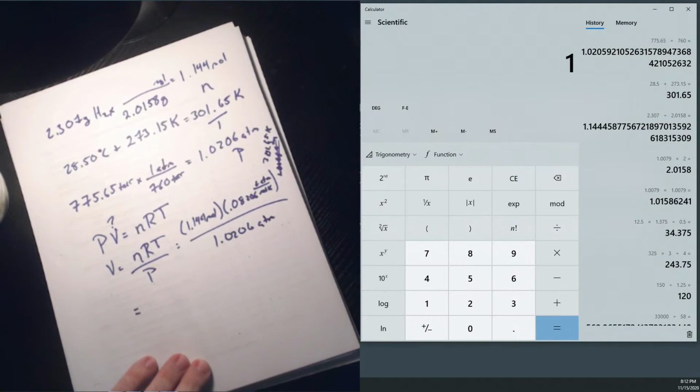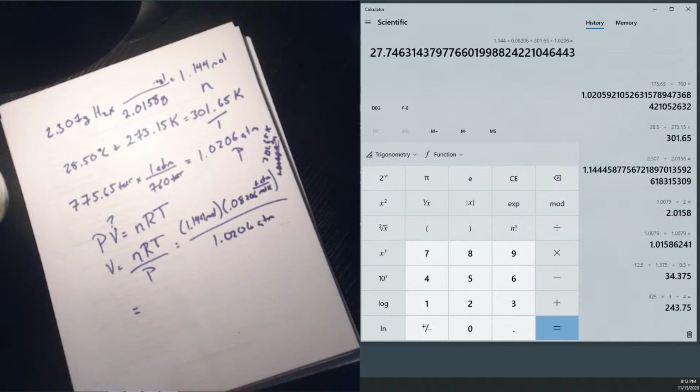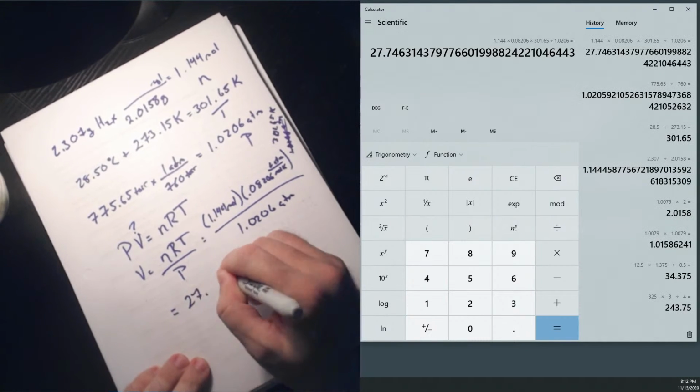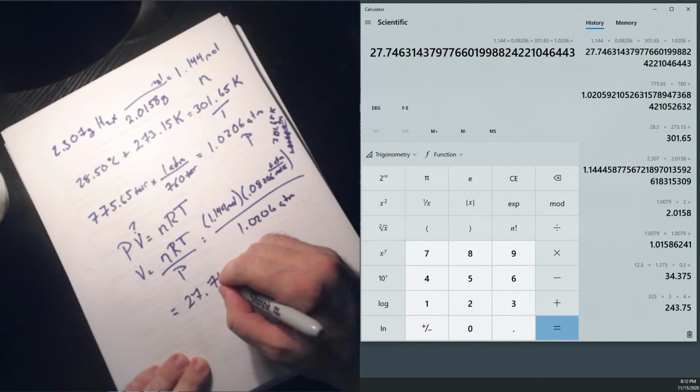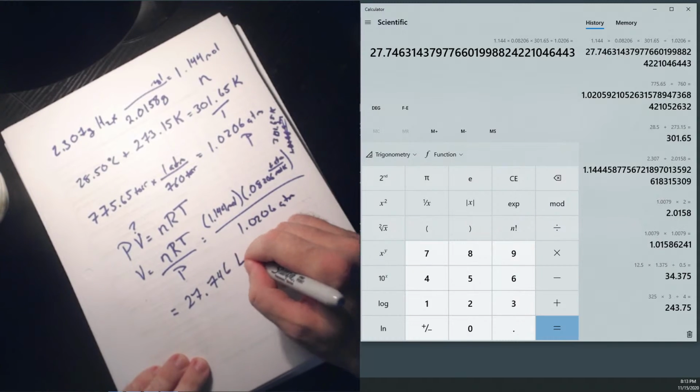So 1.144 times 0.08206 times 301.65 divided by 1.0206 is 27.746 liters.